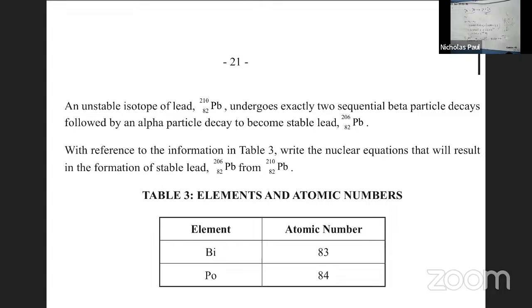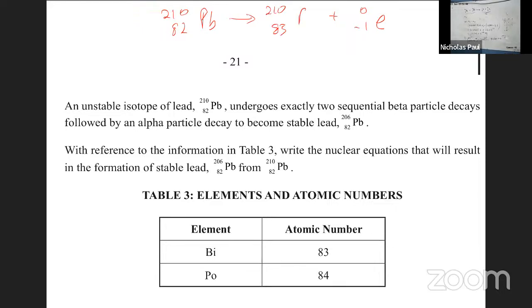Right, first one is what? Lead, so it's 210 82, and the lead undergoes exactly 2 beta decays. So beta is 0 -1 to become what? The mass number stays the same, and the atomic number is now what? Which one there is 83?